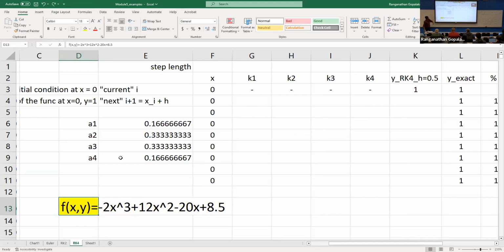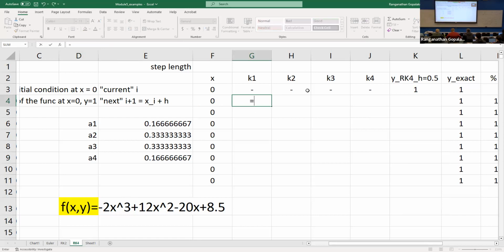That is our function. K1 evaluated at the point I is going to be minus 2 multiplied by the previous row x value cubed plus 12 times x squared minus 20 times x plus 8.5.